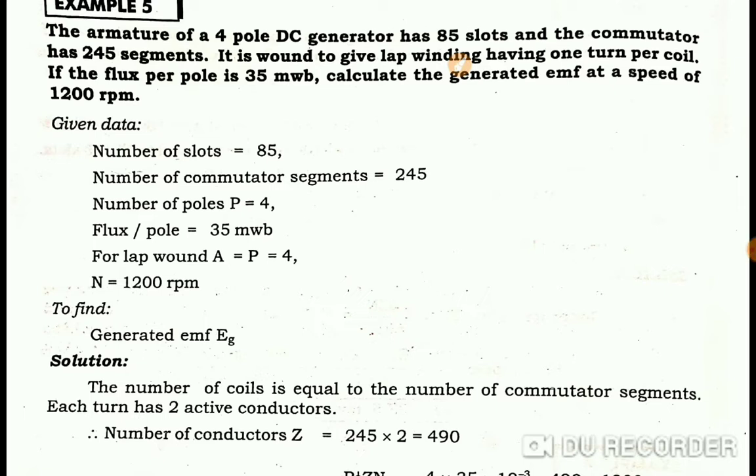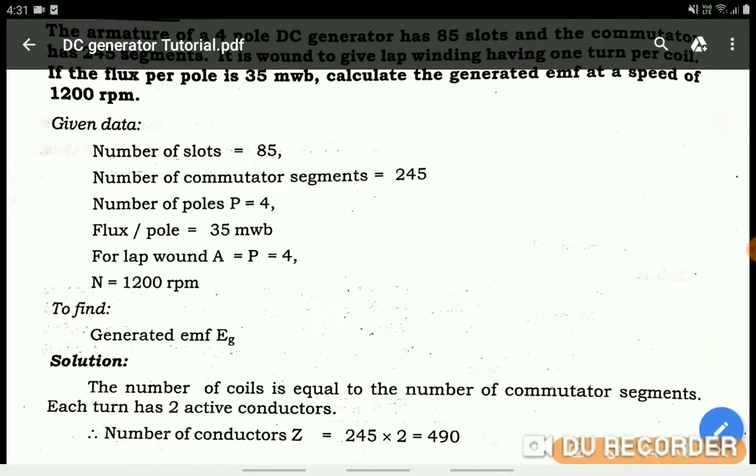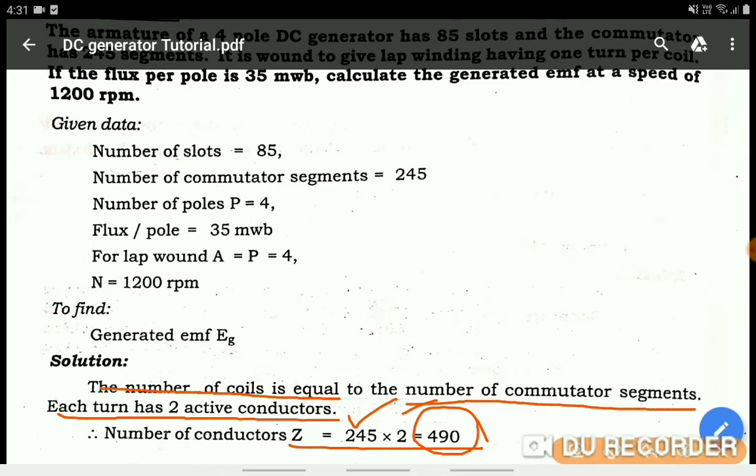Only one thing you have to keep in mind: the number of coils is equal to the number of commutator segments, and each turn has 2 active conductors. With this, Z is equal to number of segments 245 into 2, that is 490.